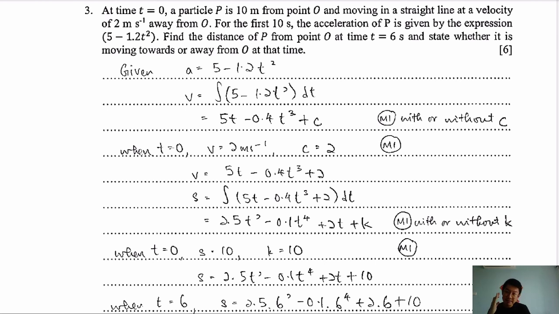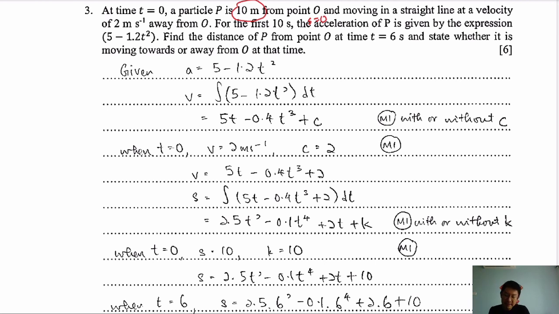So in this case, initially when time is equal to 0, the p is already 10 meters from the point O. If we make the point O as s is equal to 0, usually we refer to the point O as the displacement 0, but here the particle p is already at 10 meters away from the point O when we have t is equal to 0. So the particle p does not start at O. This is a thing that we need to be careful.